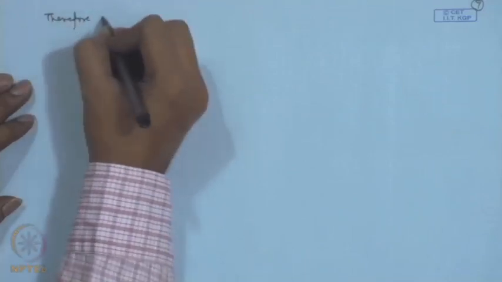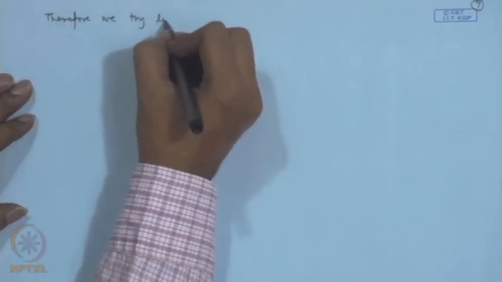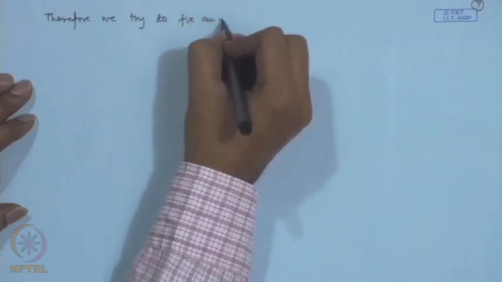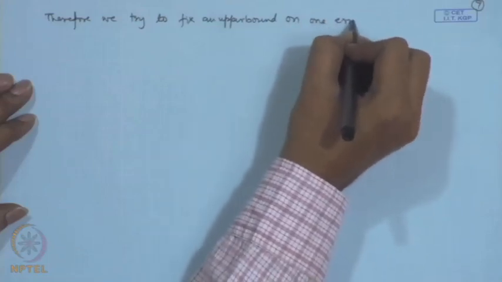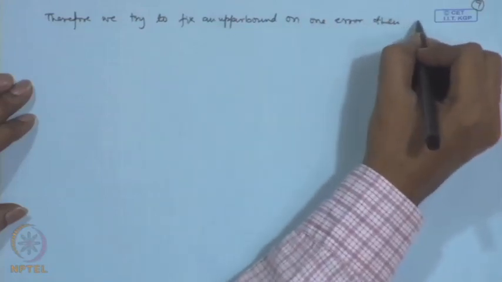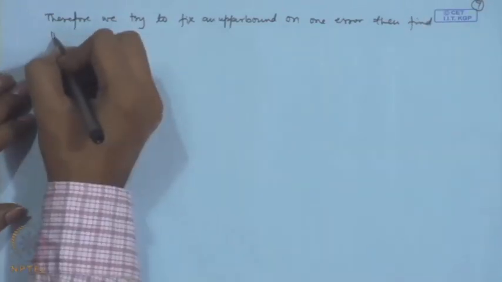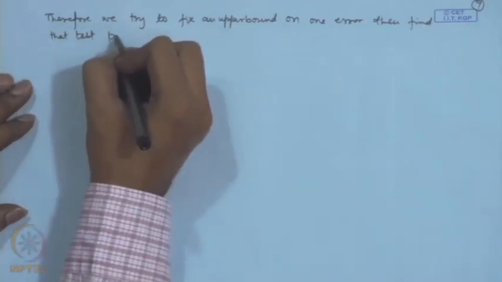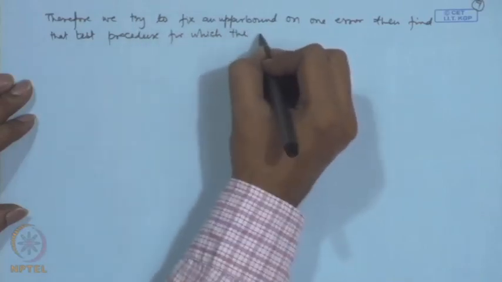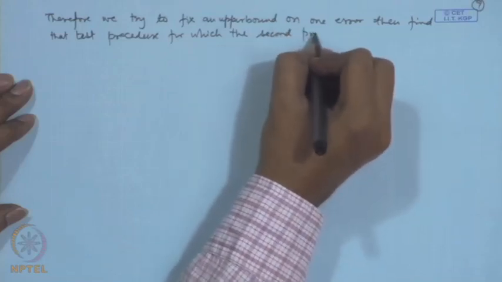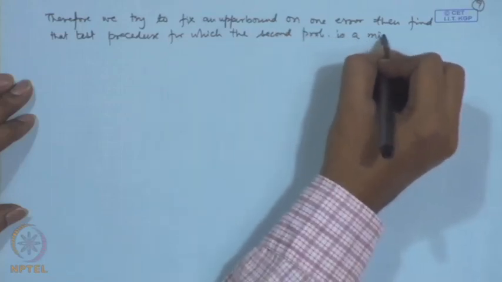Therefore, one has to look for a compromise solution. The compromise solution is that we try to fix an upper bound on one error and then find that test procedure for which the second probability is a minimum.